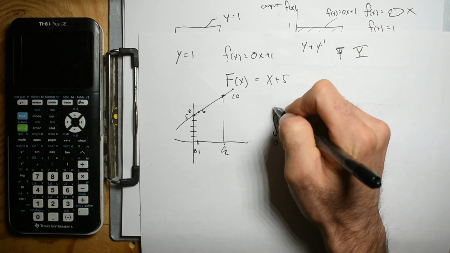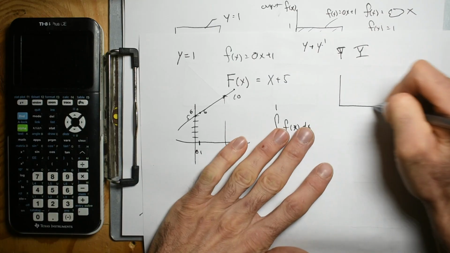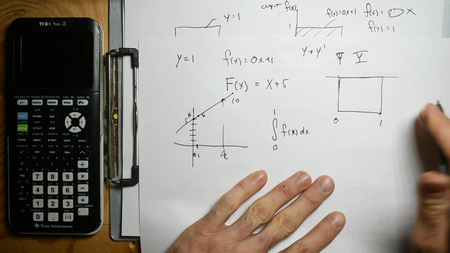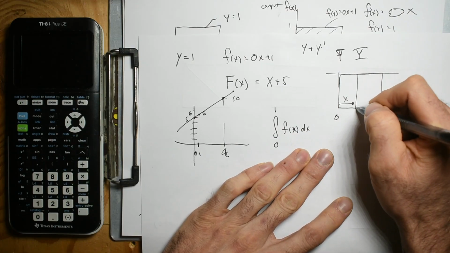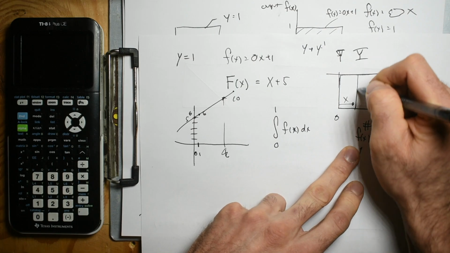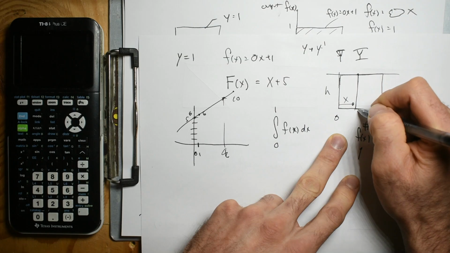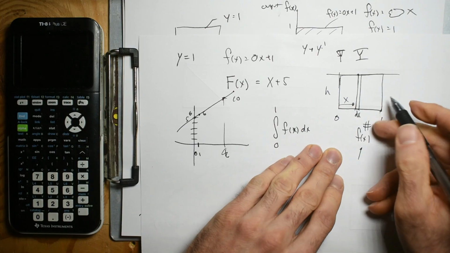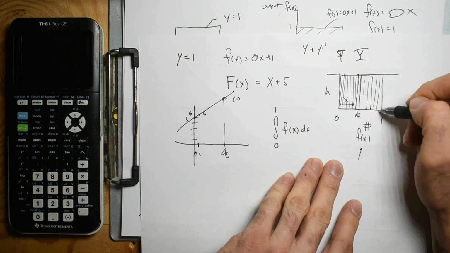So if I have the integral of 0 to 1, f of x dx, and again, why does that work? Because I'm taking this cube, 0 to 1, and I'm finding an x position out here, inserting it into my function, getting a value, which is represented as this height, and then making a small change in x, or just a small change in the width, dx, that represents an infinite number of these things.